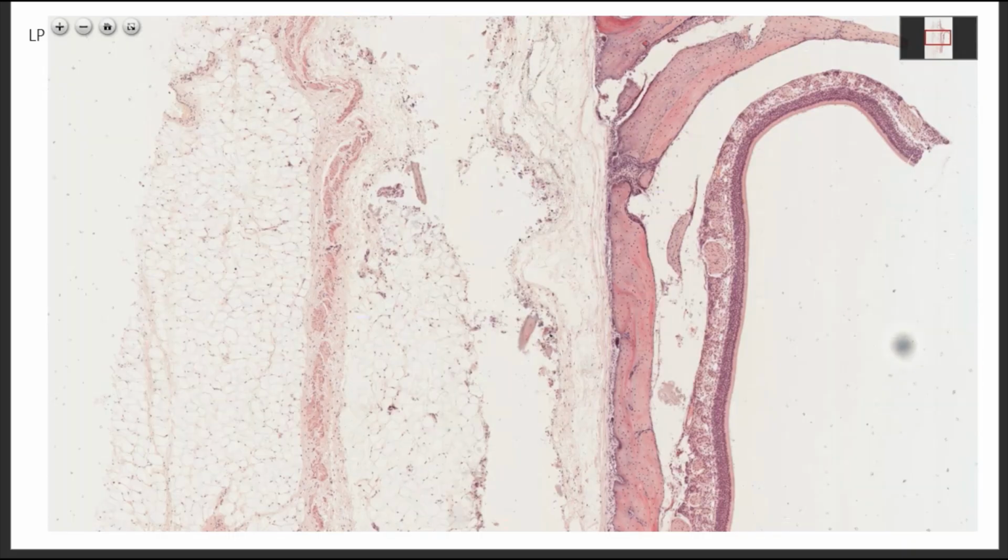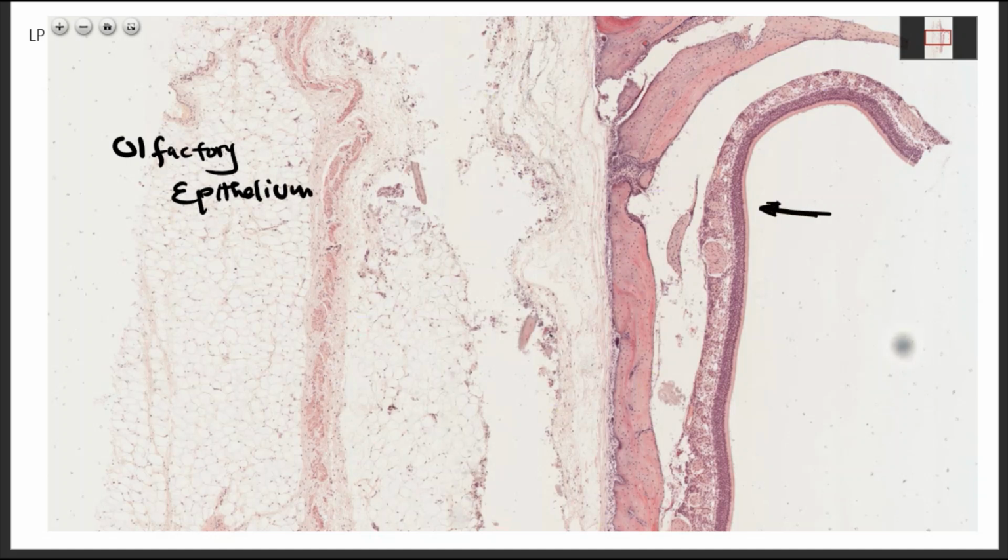So this is our slide at low power. This is olfactory epithelium at low power. Let me just point at it. So it is here.